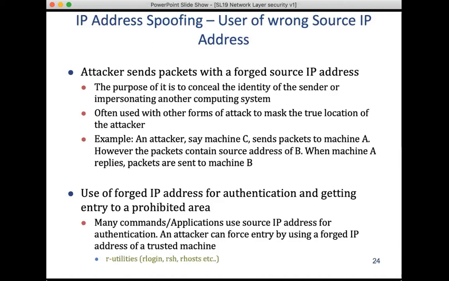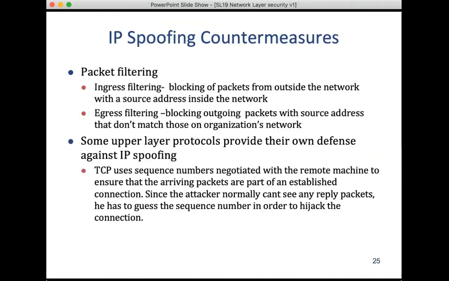Okay. And of course, we have studied the second point, that a forged IP address can be used for authentication or getting entry into a prohibited area. So how do we then control IP spoofing, wherein we are using either a wrong source address or a wrong destination address? Okay. We can do some kind of filtering, right? So for example, a packet is coming from outside.